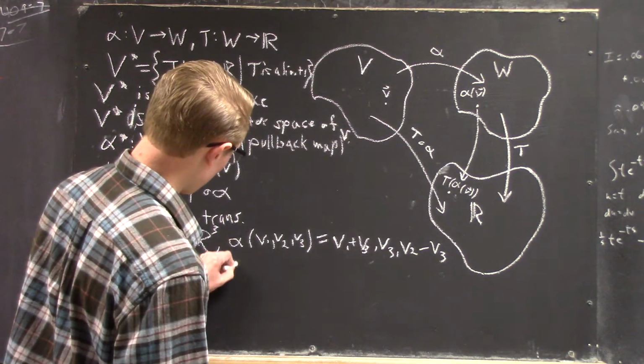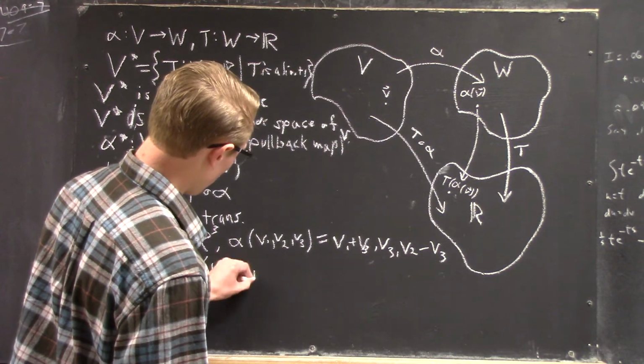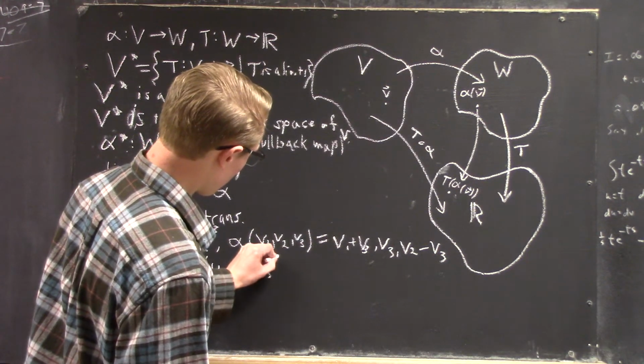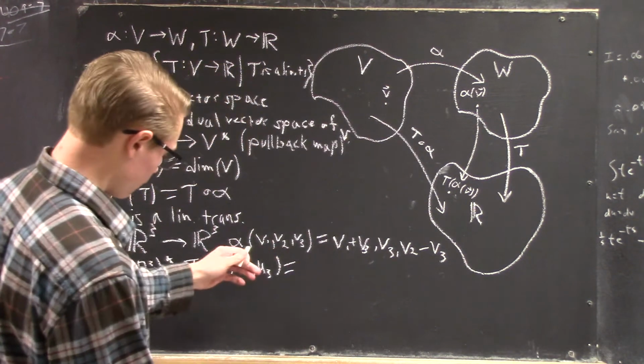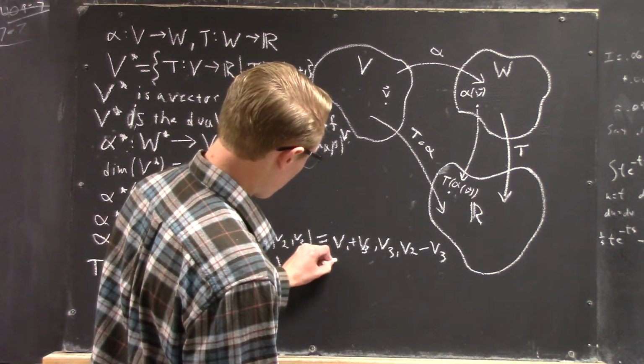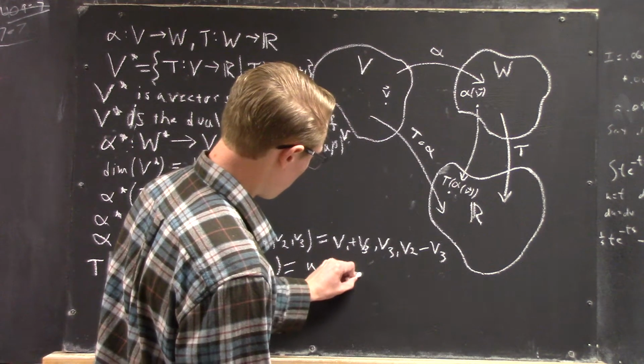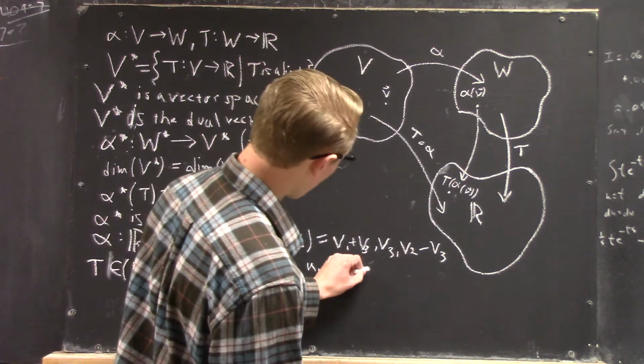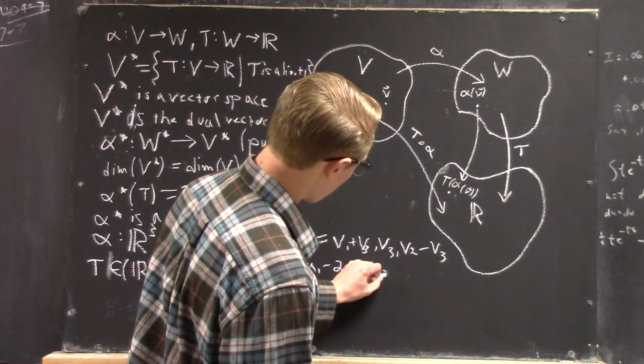We can introduce some notation, U1, U2, and U3. This would be given, all right, let's just say U1 minus 2 times U2, plus U3.